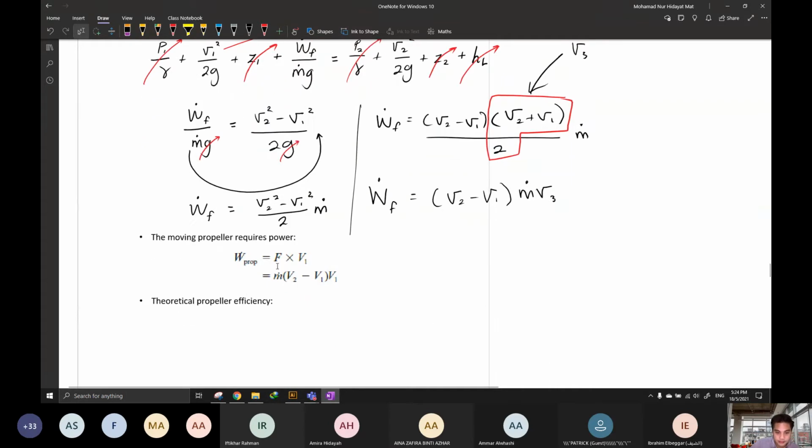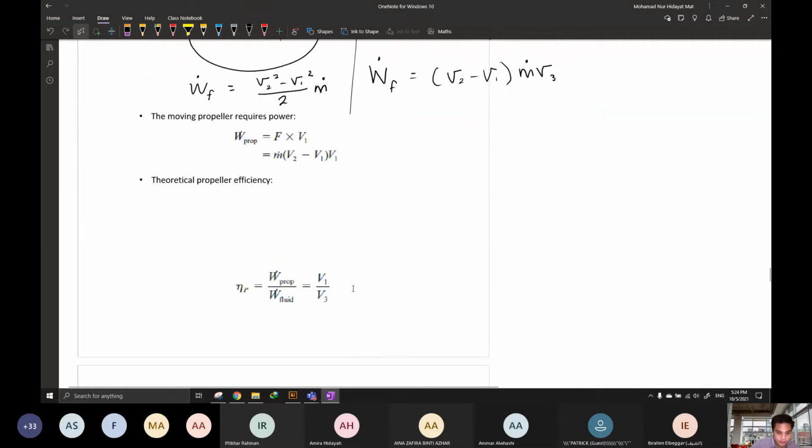Remember that the force, the momentum, is mass flow rate multiplied with V2 minus V1. So in order to get the theoretical propeller efficiency, what's the formula of efficiency? Work rate output over work rate input. Remember, efficiency is output over input.